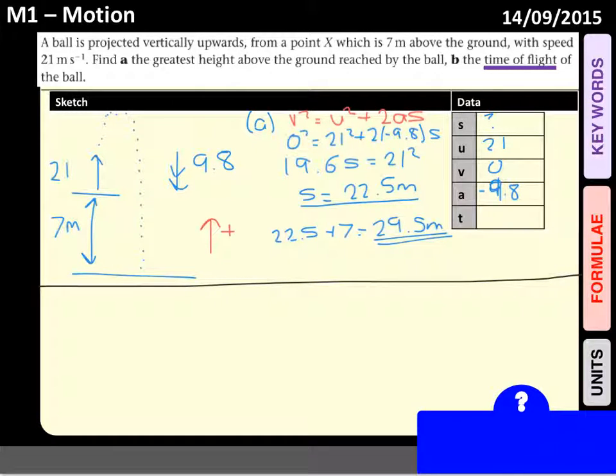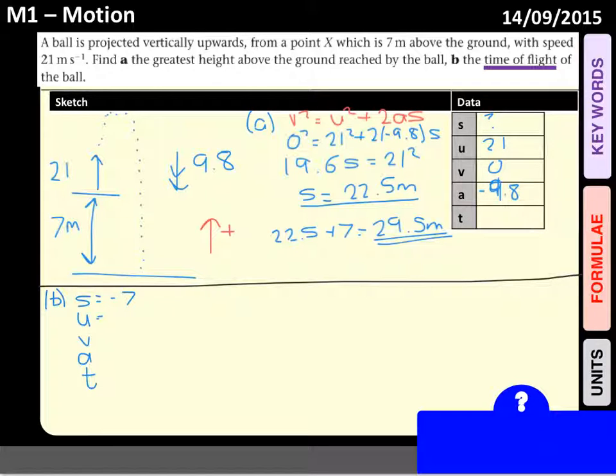In part B, because we're changing what we're considering, it's useful to do another data table. So part B, we will again do our SUVAT values. So this time we're looking for the time of flight of the ball. Now the time of flight is the time taken from the point at which it's released, which was the original point x, to when it's going to hit the ground. So in that time, if I'm still taking up to be positive, the displacement is going to be down 7 meters, so that's going to be equal to negative 7.